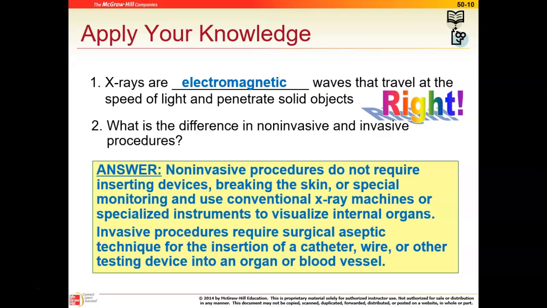Then we have invasive that actually need and require a surgical aseptic technique because we are inserting a catheter or wire of some sort of device into an organ or blood vessel. That would be anything like an angiogram, a number of different things that we'll actually talk about that have to have that aseptic technique.